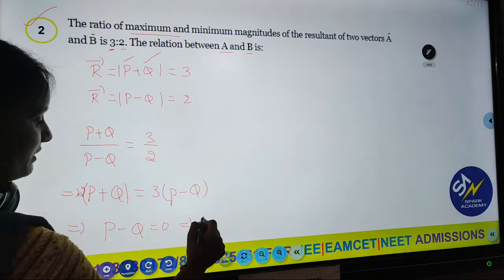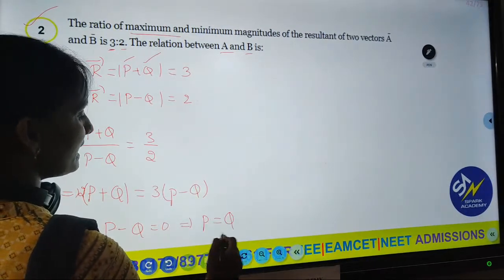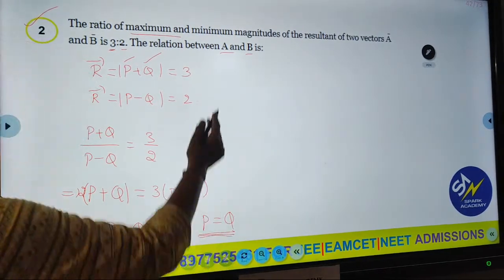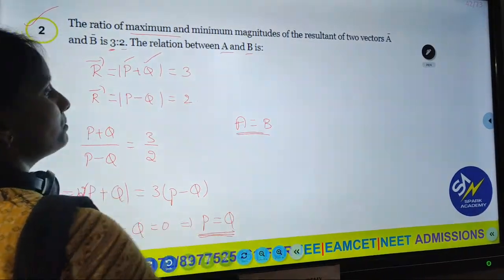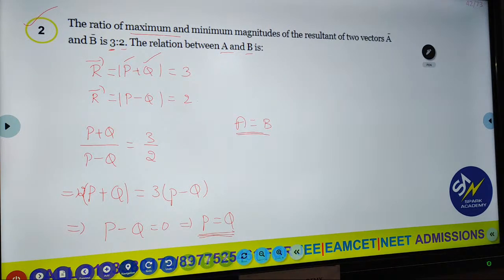So this simplification gives P is equal to Q. Means the relation between them is A equal to B, their magnitudes are equal with this ratio, maximum to minimum.